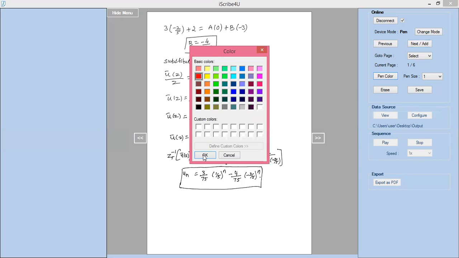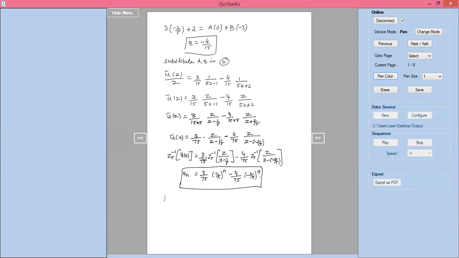The problem: find z inverse of 8z minus z cube divided by 4 minus z whole cube.